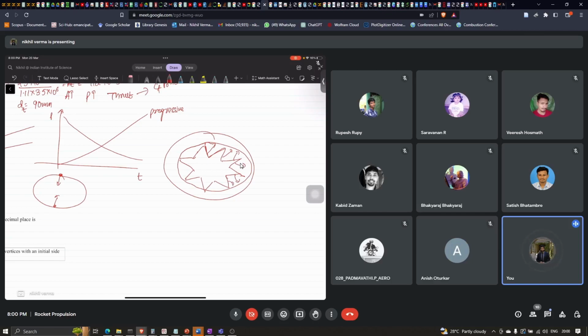But after it becomes a complete circle it goes out, and it again becomes a progressive burning. So the graph will be something like this. It decreases and then increases.